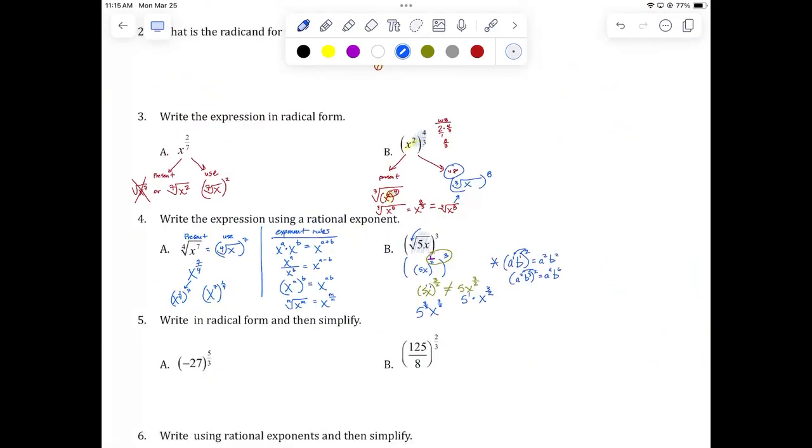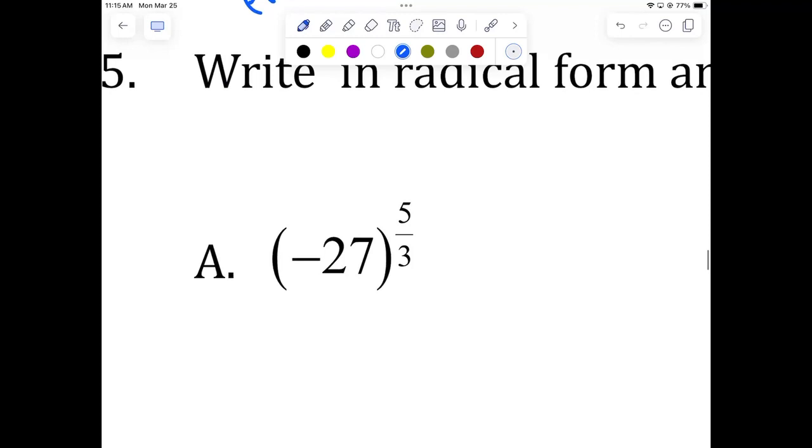Write in radical form and then simplify. Negative 27 to the 5/3. Remember I said if it says to evaluate and it's in fractional exponent form, you probably don't think in terms of fractional exponents, so it's helpful to convert it back to radical form. That's the language that we know. The base is negative 27. Is it the fifth root of that or the cube root of that? The root is 3, so it's the cube root.